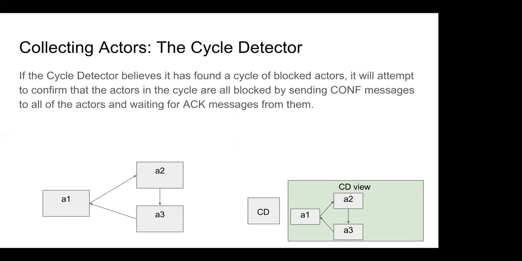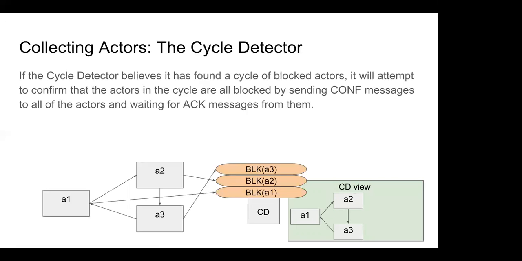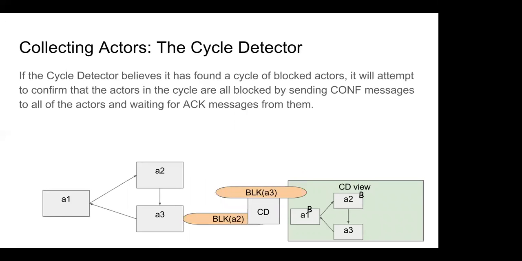The cycle detector is maintaining its own view of the world, and it eventually gets to a point where it decides that everything has been blocked because all of these actors have sent it blocked messages. So it processes that, processes the next one, processes the third one. And so now it has what we call a perceived cycle. It's actually a cycle.